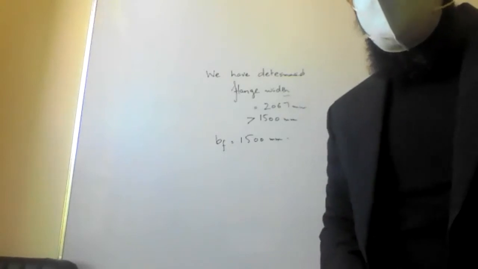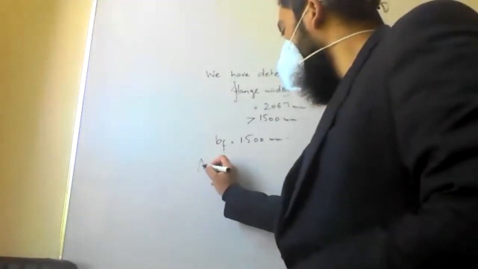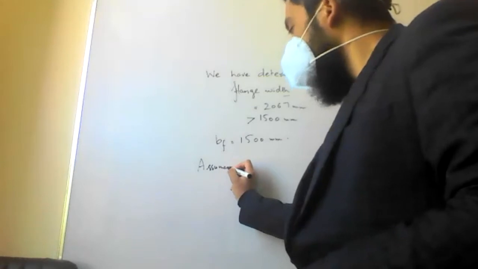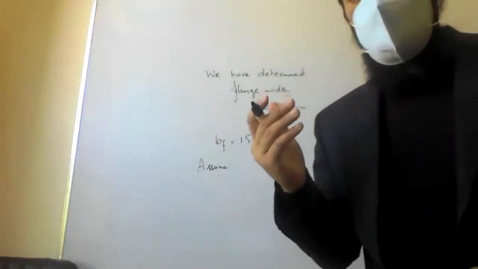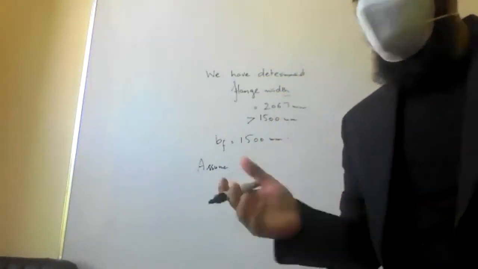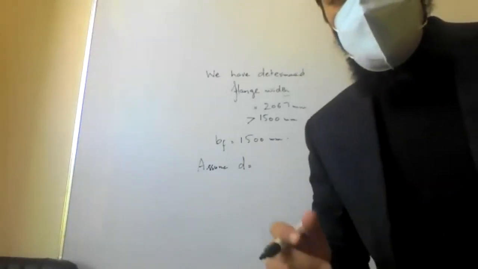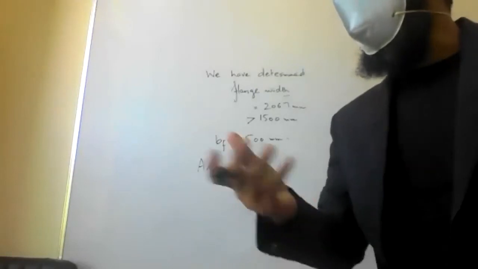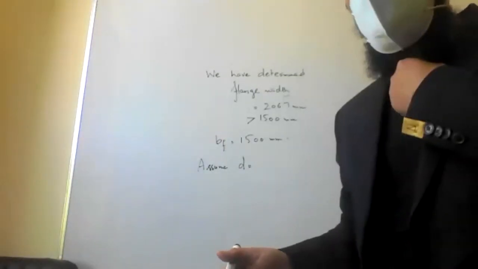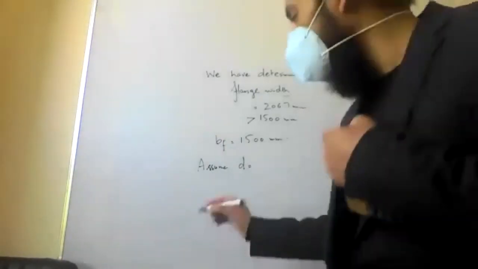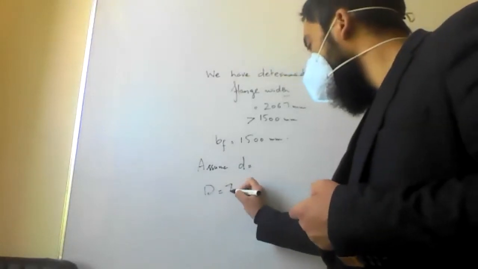Now, next we are going to assume the effective depth. The overall depth of the section D is around 700 mm. If we check again, this was 700 mm in total.